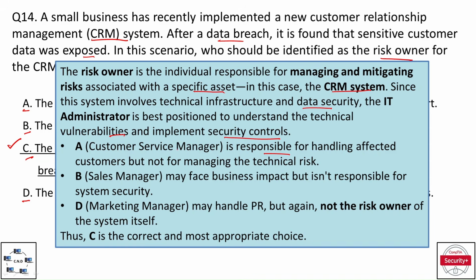Option A, customer service manager is responsible for handling affected customers but not for managing the technical risk. Option B, sales manager may face business impact but is not responsible for system security. And option D, marketing manager may handle PR, that is public relation, but again, not the risk owner of the system itself. So thus option C is the correct and most appropriate choice.